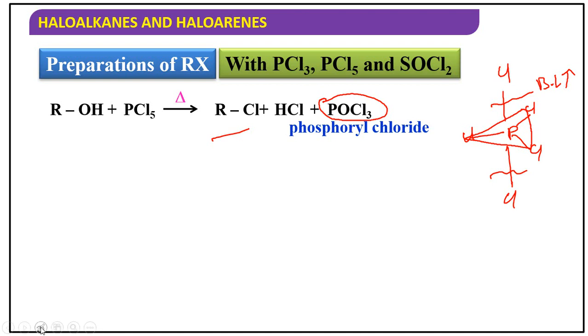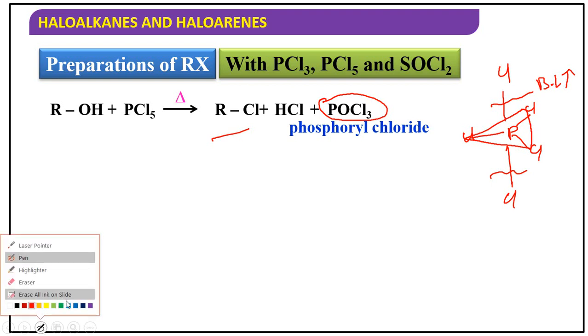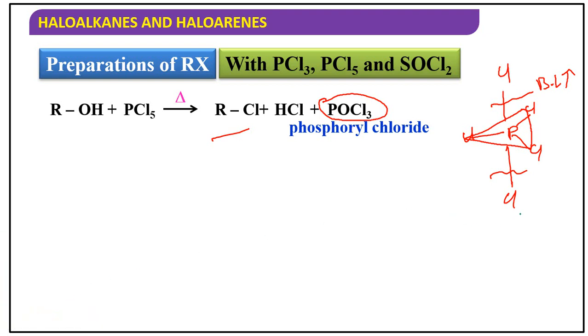So on a single atom, if two OH groups are there, one water molecule is removed. This Cl is replaced with OH, this Cl is also replaced by OH. When two OH groups are there, one water molecule is removed, OH minus and H plus.